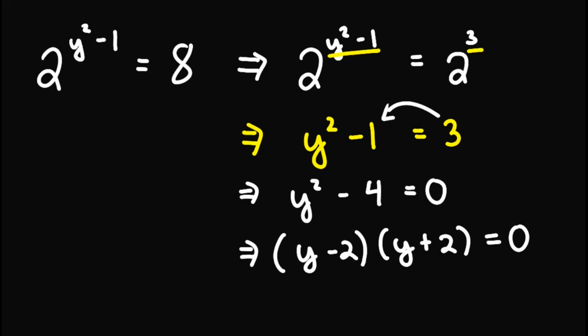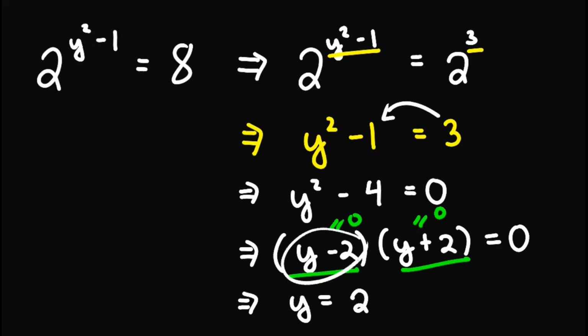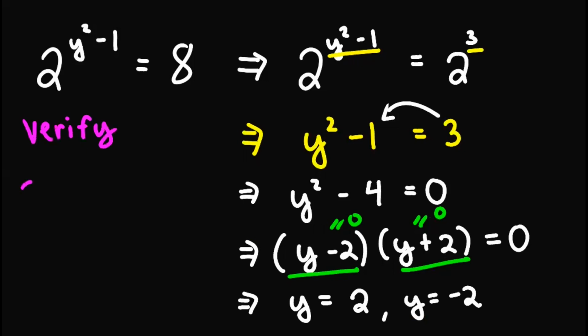So this implies that either this is equal to 0 or this is equal to 0. That would give us y is equal to 2 for this case, and y is equal to negative 2 for this case. And these two are our solutions. But to verify, we've got 2 raised to 2 squared minus 1.